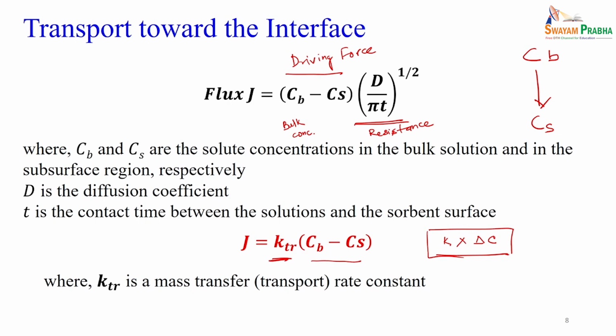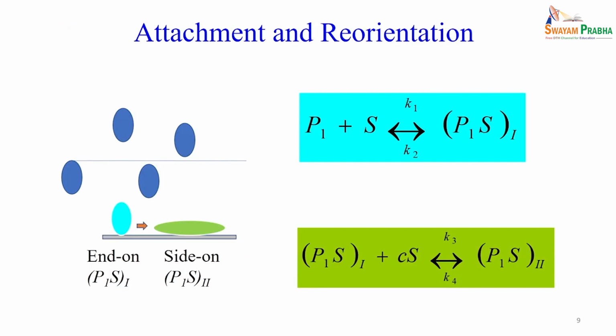Once the protein reaches the surface, the next step will be its attachment as well as its reorientation. So, here we are calling it the end on and side on orientation. Protein plus surface forms, let us say, an intermediate P1S1.